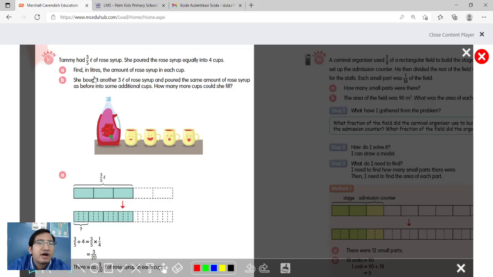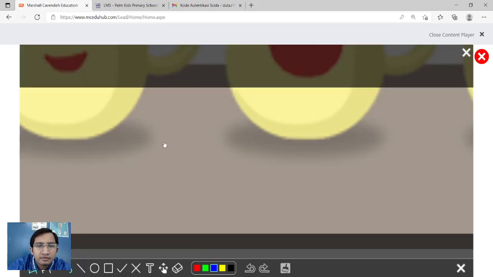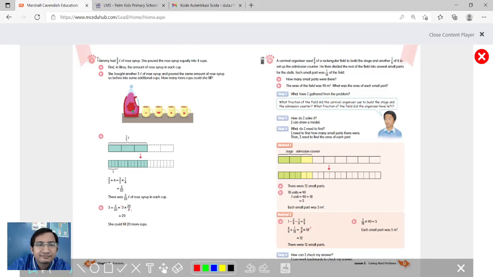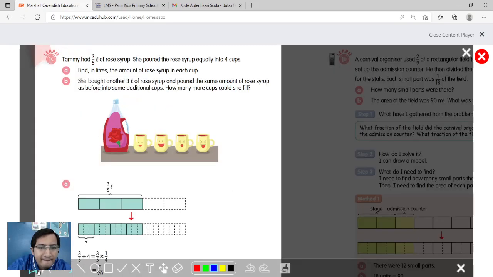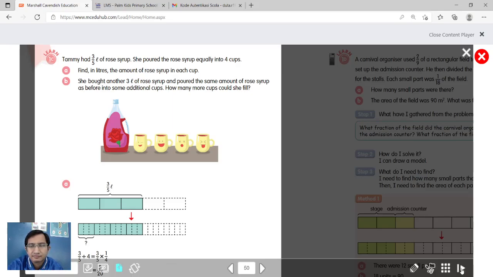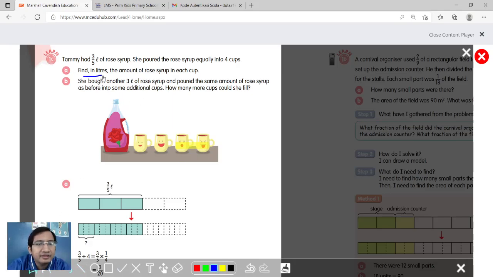Tammy has 3 per 5 liter of rose syrup. She poured the rose syrup equally into 4 cups. A. Find in liters the amount of rose syrup in each cup.